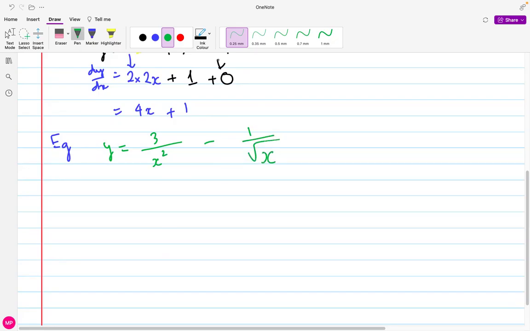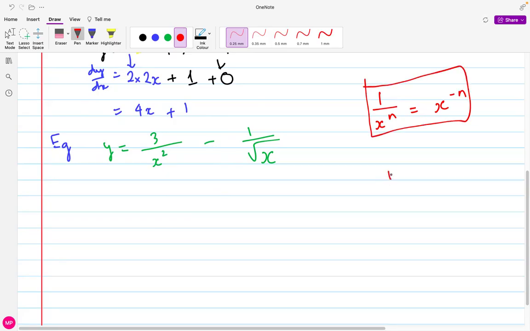So just to remind you of the formula, if I have 1 on x to the power of n, then you can bring it to the top. That becomes x to the power of negative n. So always make that in power form first, okay?